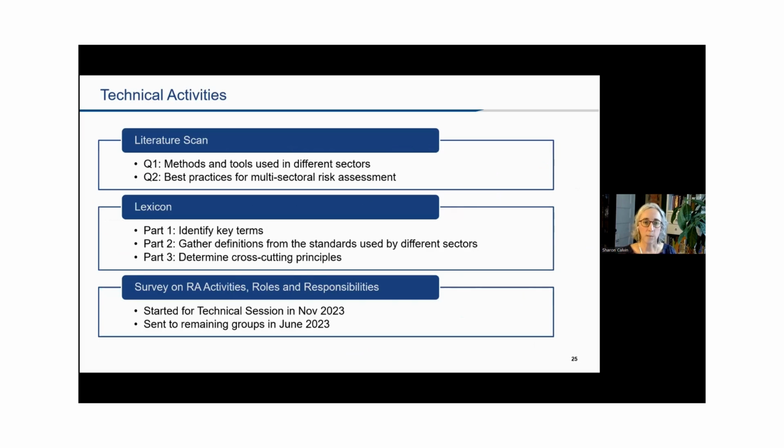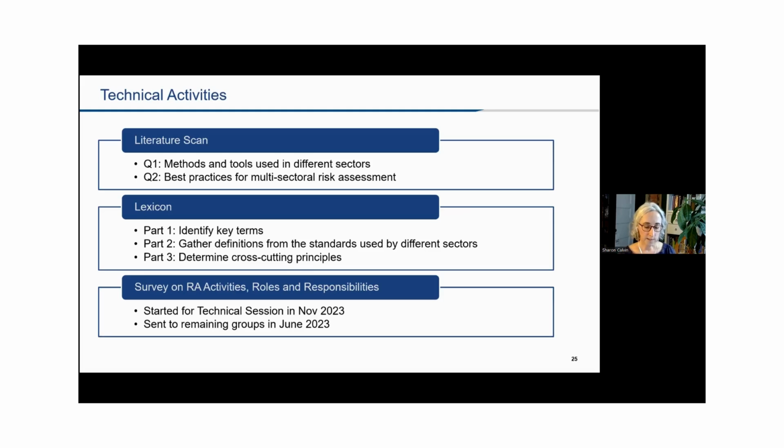We've been doing a number of technical activities as well. So we did a literature scan that looked at different methods and tools used in the different sectors, as well as best practices for multi-sectoral risk assessment.